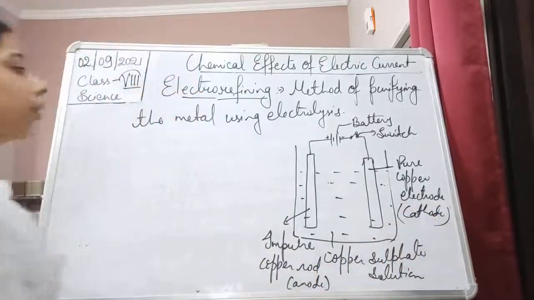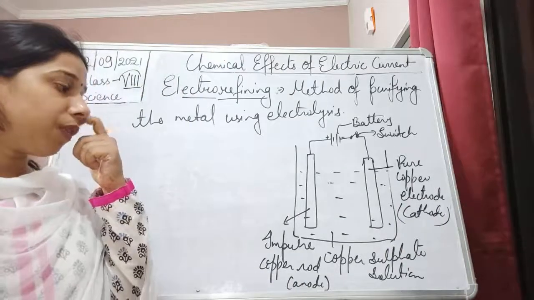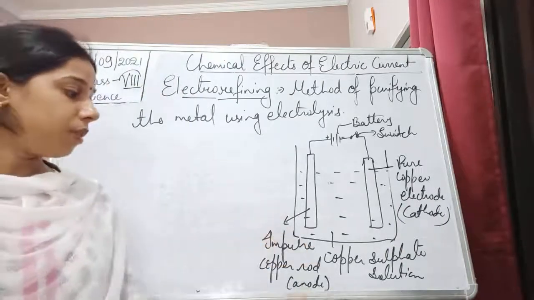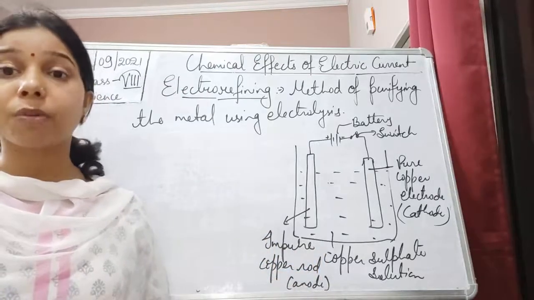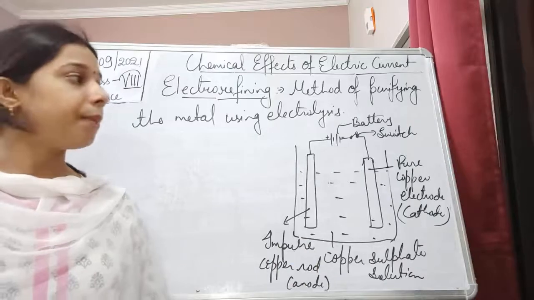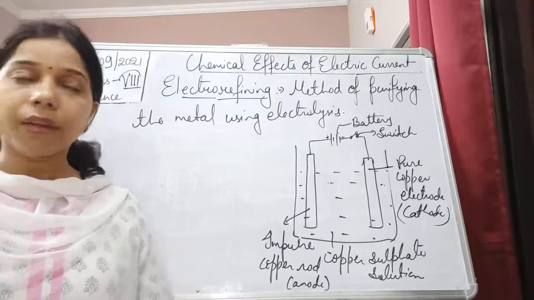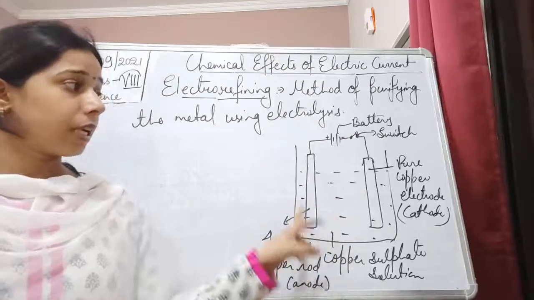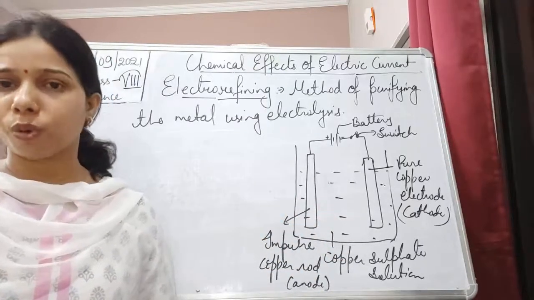Now you see what happened here. The metal which we are going to refine, we take at the anode, and a pure form of the same metal we take as the cathode. We also take an electrolyte made up of the same kind of salt solution.